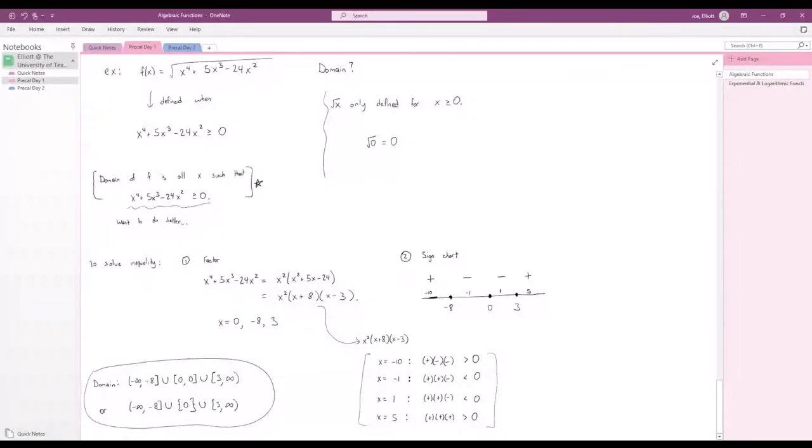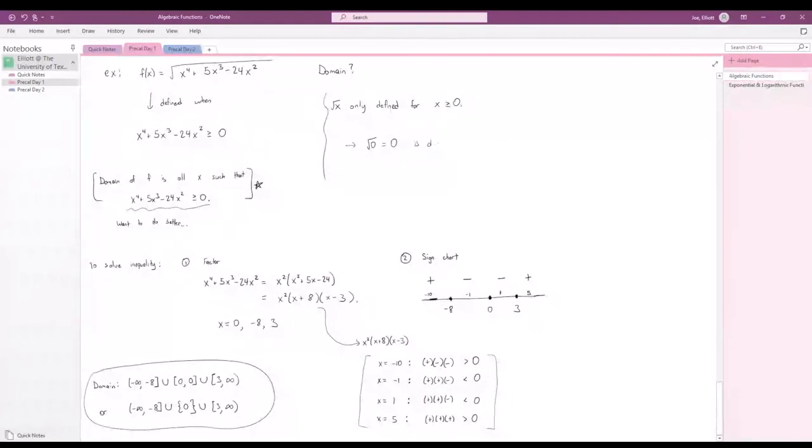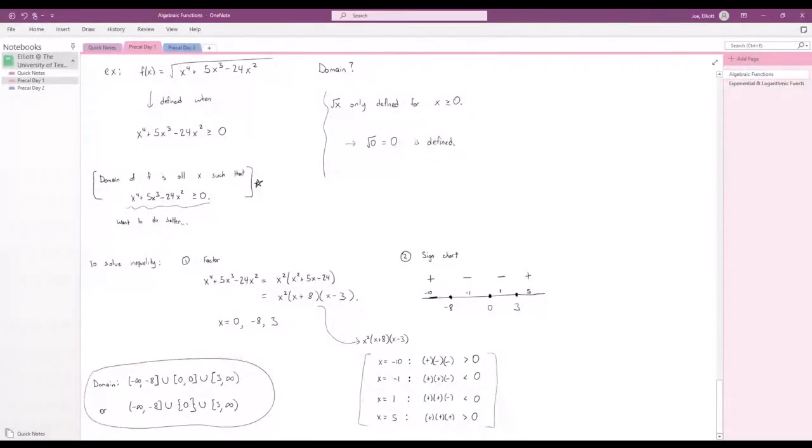Essentially because we're including the possibility of being equal to 0, since that is defined when you have a 0 under the square root, this is perfectly good. So for something like this, for the domain you look for where the expression under the square root is greater than or equal to 0. Okay.